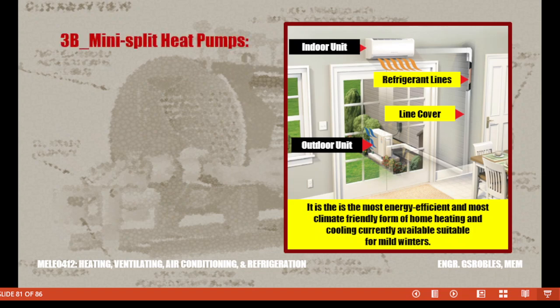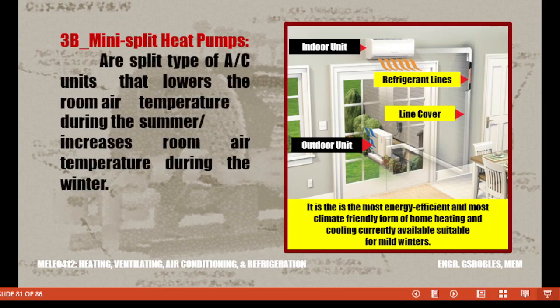Another one is what we call mini-split heat pumps. Mini-split heat pumps are another kind of state-of-the-art heating systems. These are basically split-type air conditioning units that lower the temperature of air during the summer and then increase the temperature of air during the winter.